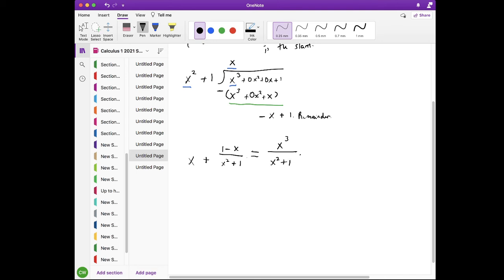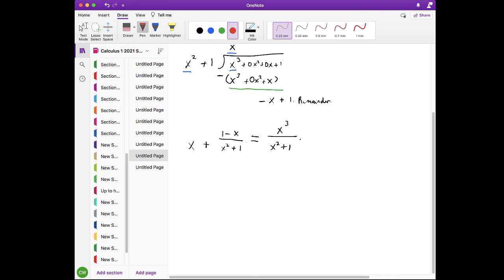Okay, so why is it the slant? Let's use calculus. Why is this a slant asymptote? Think about limits. Think about the limit as this goes to infinity.